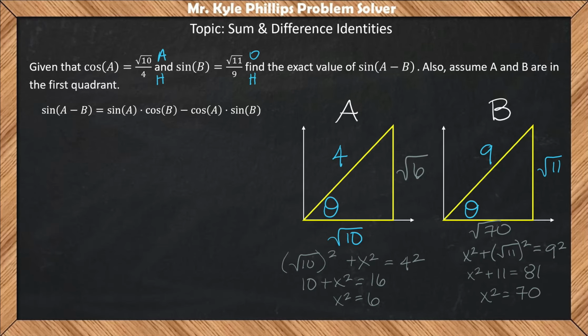So what I'll do is I'll take these values and plug them into this formula. So I have sine of angle A. So here on angle A, that is root 6 over 4, times cosine of B. Cosine of B is the adjacent over hypotenuse, so that would be root 70 over 9.